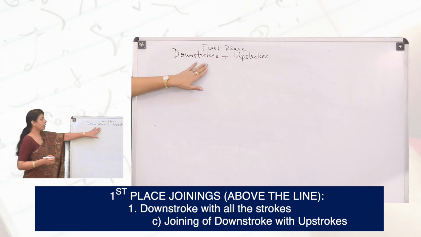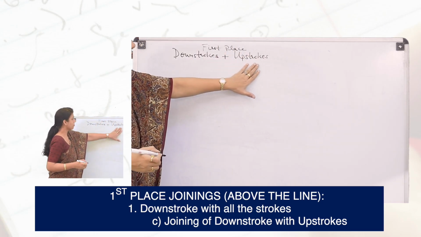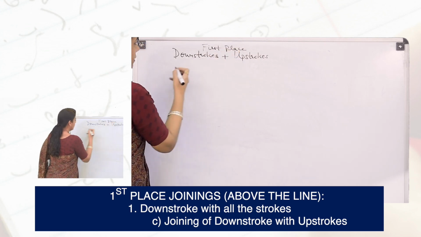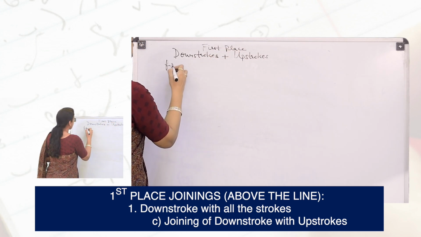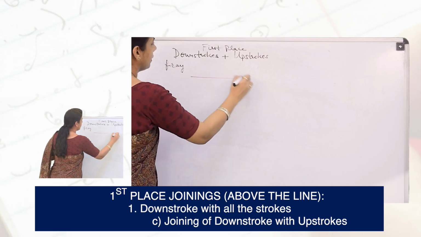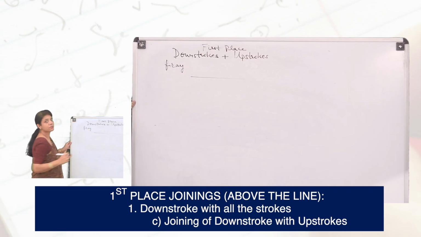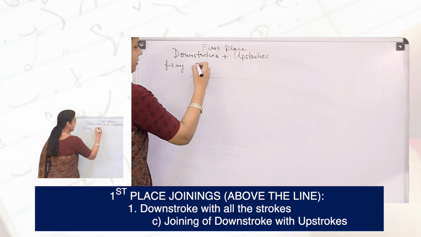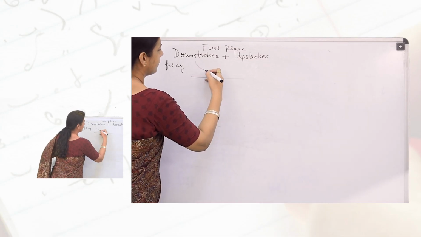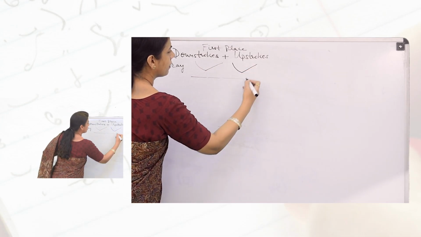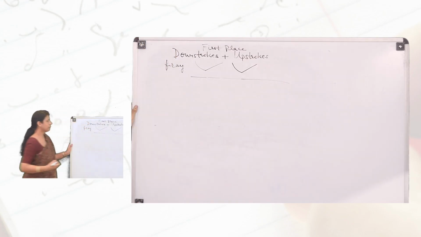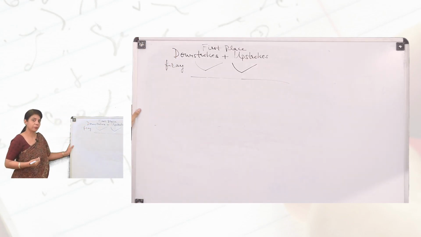Now downstrokes plus upstrokes at the first place. Now example, F, upstroke is ray. Now F being the first consonant should be above the line. So F ray. This is a joining of F ray at first place.